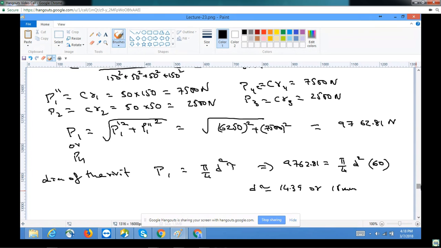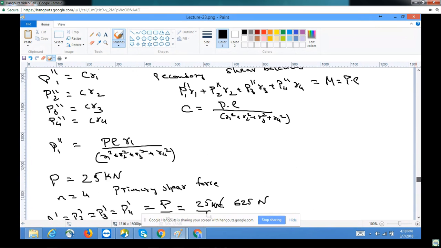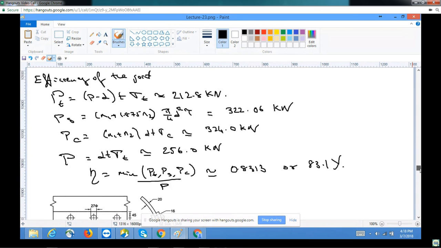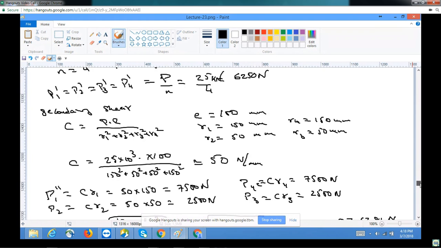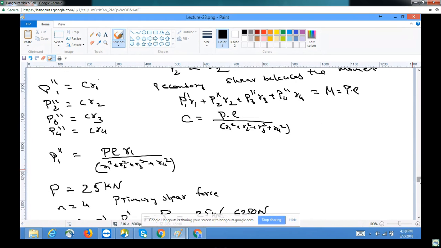So with this we have finished the problems on the riveted joint. In the next class I will start on the bolted joint, which is much more similar to this, and we will also try to cover the shafts in the next class.